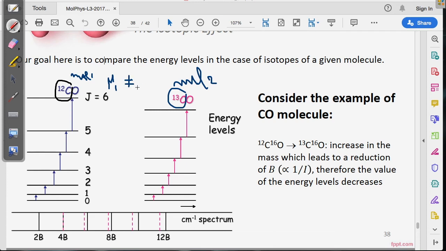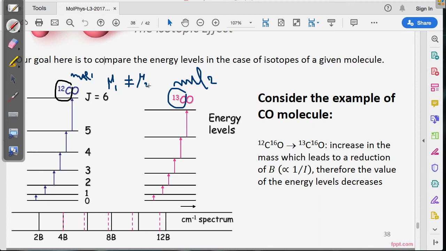Simply because C13 is a little bit heavier than C12. The oxygen remains the same. Now, this obviously will have an effect on the rotational energy, right? I mean, it's much easier to rotate something that is lighter than compared to rotating something that is heavy.